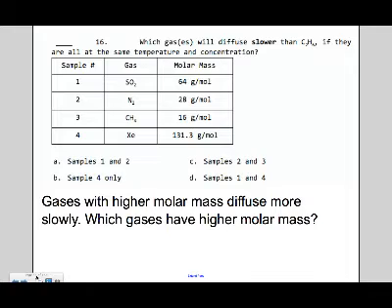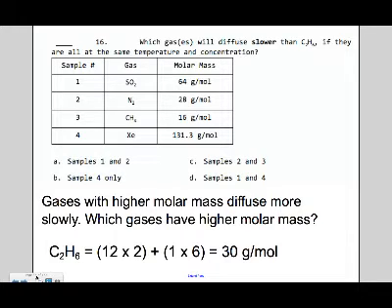Which has the higher molar mass than the one in the question? Well, C2H6 is 2 carbons, 12 apiece from the periodic table, plus 6 hydrogens. Each of them has a mass of 1. So you add those numbers together and you get a total of 30 grams per mole. So you're looking for the substances in the chart above that have a mass greater than 30, and that would be numbers 1 and number 4. So your answer here is D.